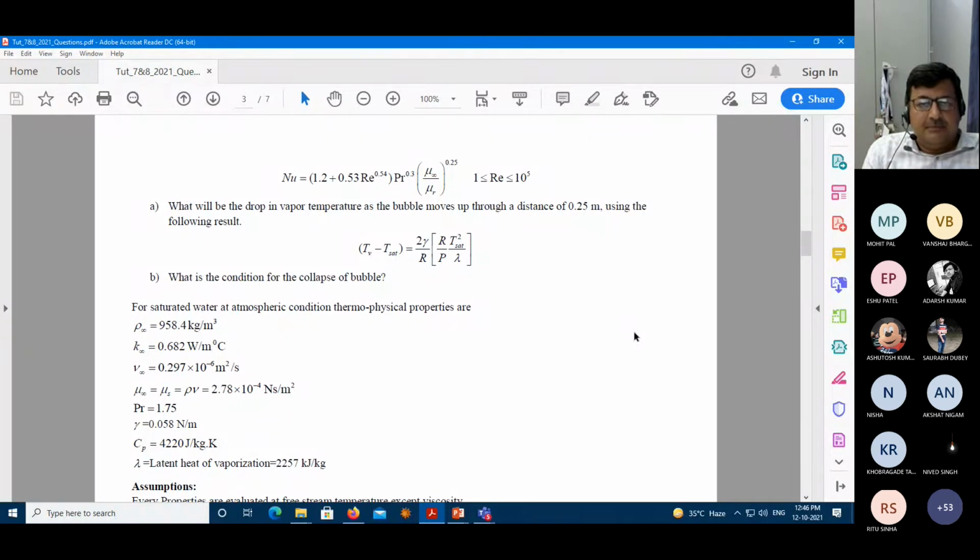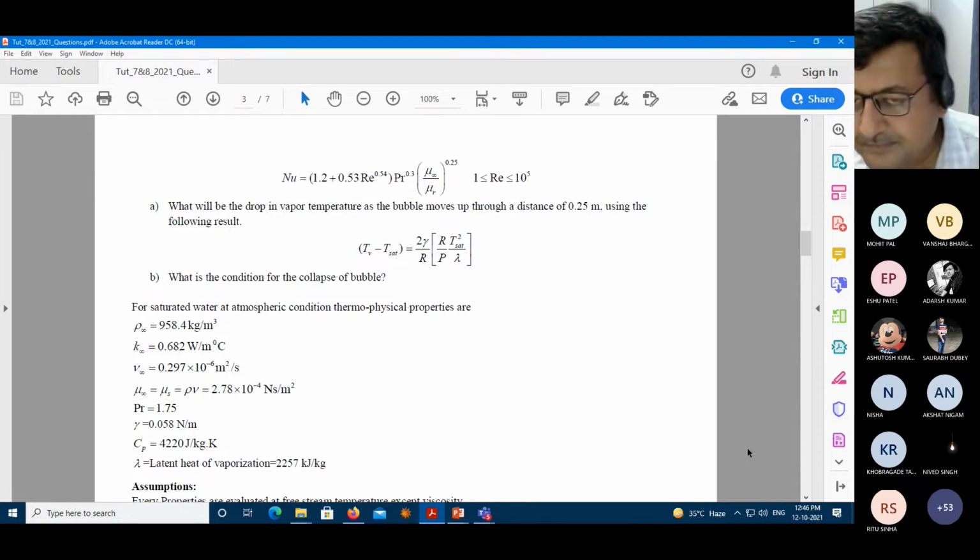Same as mu infinity. Yes, mu s and mu infinity are the same, right? Surface temperature is given, right? So now you can calculate the Nusselt number. Quickly do that.